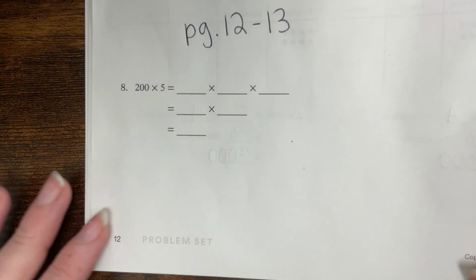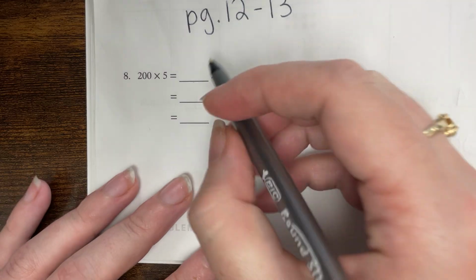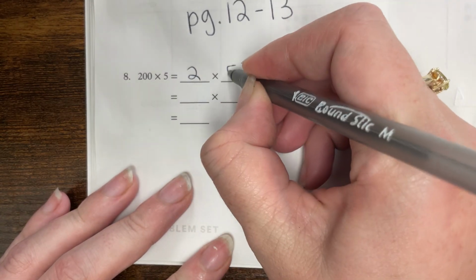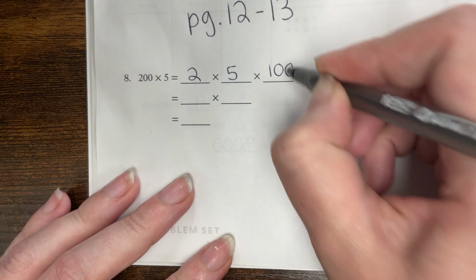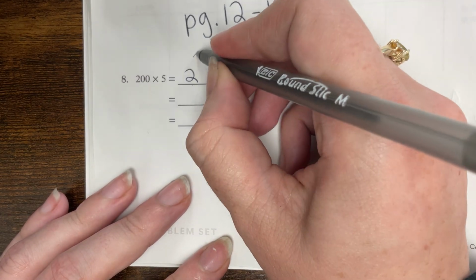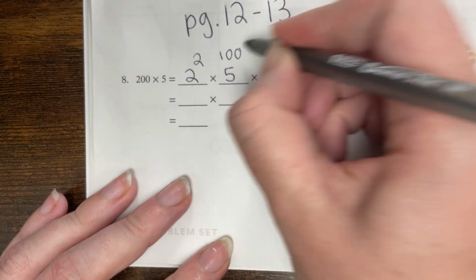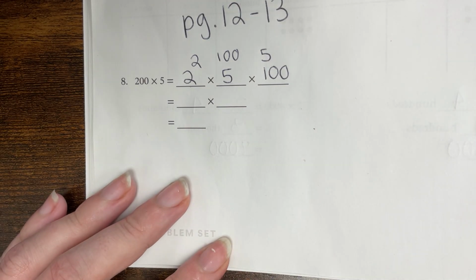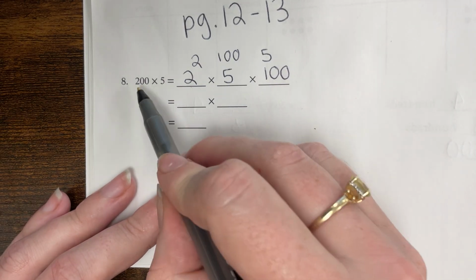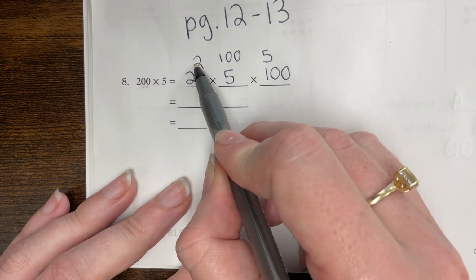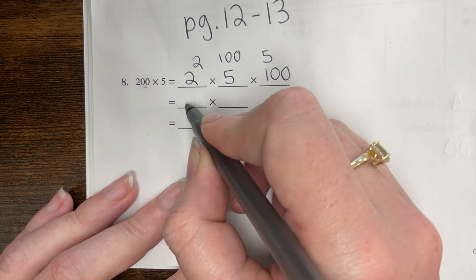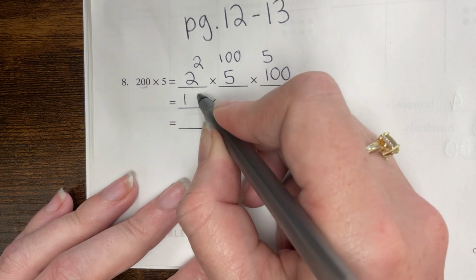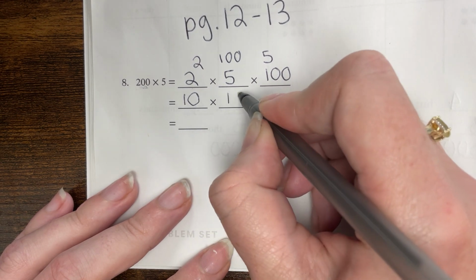Now let's look at question 8. Here, we're doing 2 times 5 times 100. If you also wrote 2 times 100 times 5, that would make sense because you're breaking down 200 into 2 times 100. 2 times 5 is 10, and then times 100.